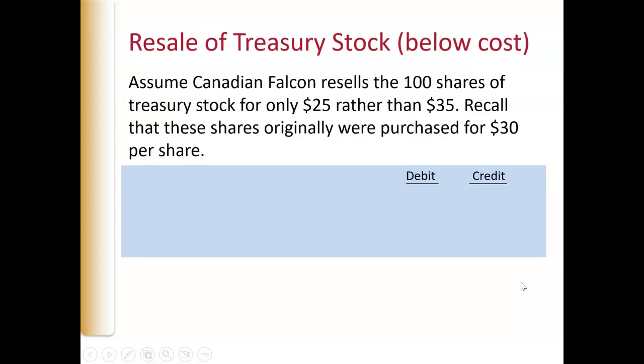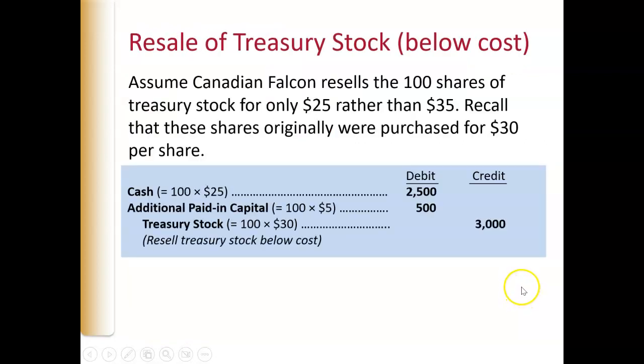Okay. But guys, what happens if instead of reselling it for $35, we resell it for $25? So our cash is going to be our 100 shares at $25. But we still need to credit our treasury stock for the whole $30 because we need to get rid of it, get it off our books. We've reissued it.